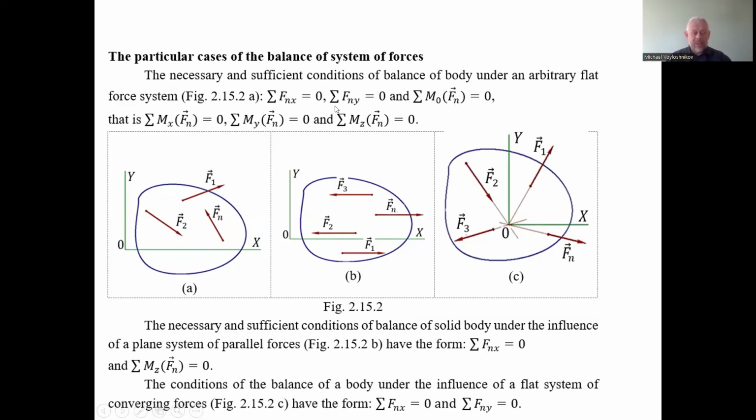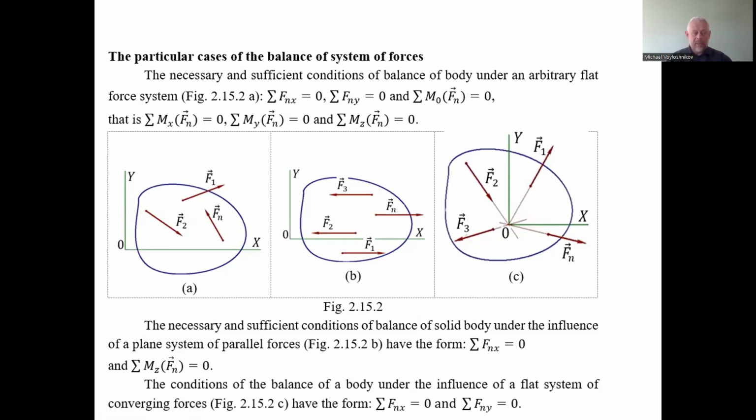And we cannot consider the rotating moments related to the axes where the moments are exactly equal to 0 in the flat state, as here we have equality to 0 of the moments of forces relative to the axes y and x. It's not important, but we have another axis. This is for the special system of forces, transformed to the flat state, to the plane, as just the total of rotating moments around the 0 reference point or any other reference point.